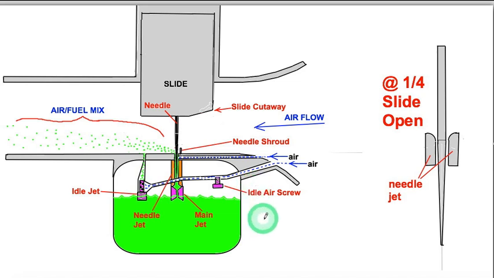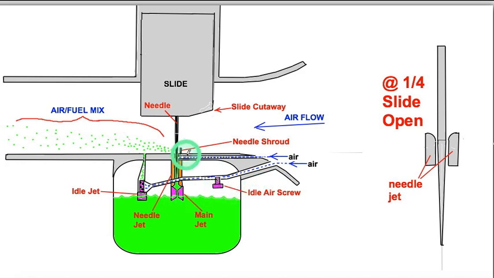So, mid-throttle jetting, the needle has a lot to say about how much fuel is coming up. I don't know if you can tell in this drawing, but there's two holes at the entrance of the carburetor. One is an air passageway that goes to the needle jet, which helps to atomize the fuel as it enters into the venturi, and the other one goes to the idle jet.